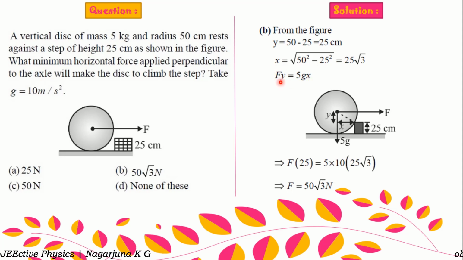Left side quantity torque due to applied force, right side quantity torque due to weight. That implies F into 25 is equal to 5 into 10 into 25 root 3, so F is equal to 50 root 3 newtons. So option B is the right option.